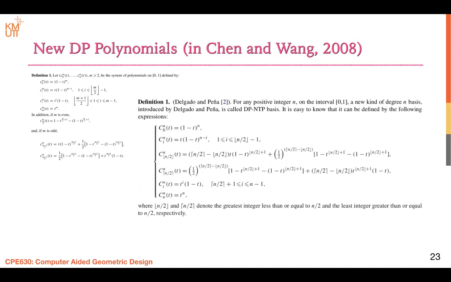This paper combines the odd and even cases into one case, right? If you look at the left-hand side of the screen, you can see that the original DP polynomials have two cases, the even and odd cases. And on the right-hand side, you can see that this one combines the even and odd cases into the same formula.